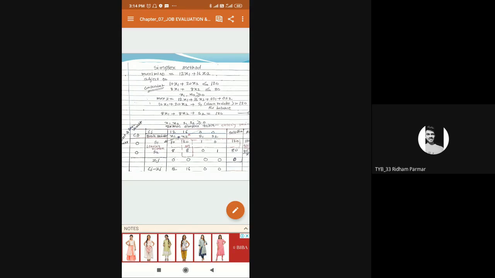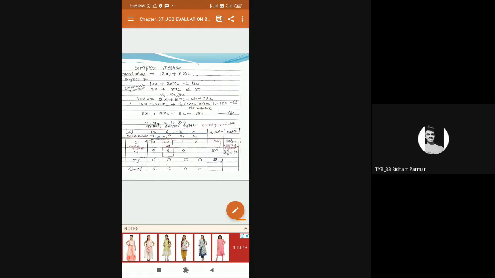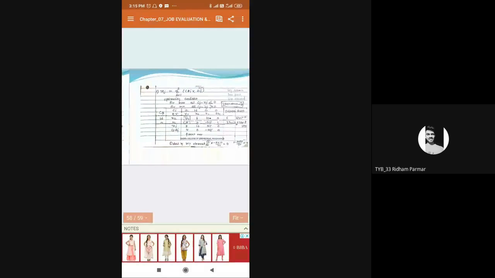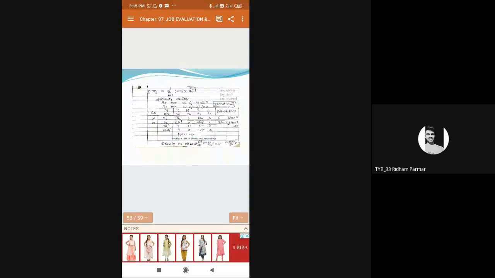Minus corresponding row value 8 and corresponding column value 10. So 8 minus 8 into 10 divided by 20. What is the answer here? 4. So you can write here in this column it is 4. See that it is 4.